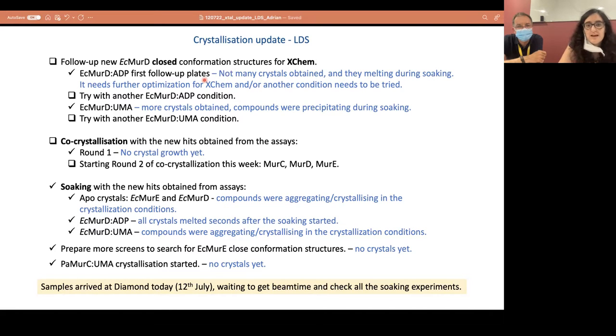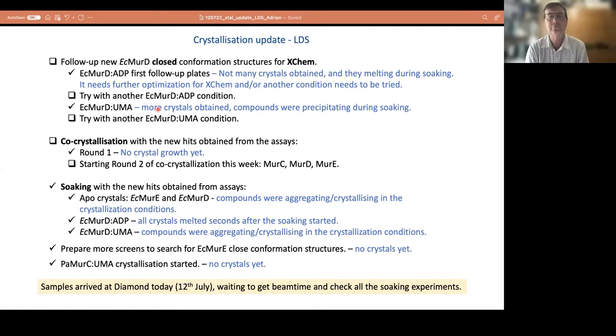We don't know because I haven't tested the fraction, but it was only when the compound was added. So something must be happening. Yeah, some conformational change of some kind that is breaking down the crystal. I don't know. Okay, thanks. The same with the MurD crystals, and there was nothing happening with the DMSO control. It was fine.